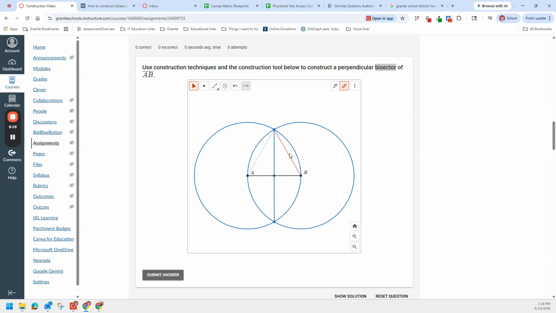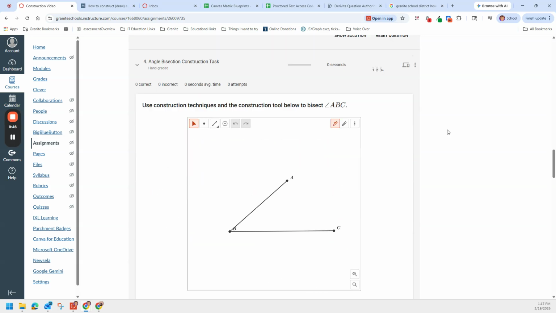Or with isosceles triangles, the line that goes from the top to the middle is automatically going to be the height, which is also always going to be 90 degrees. So it is perpendicular, 90 degrees, and it is a bisector. It went through the middle. All right, so we've bisected a line.